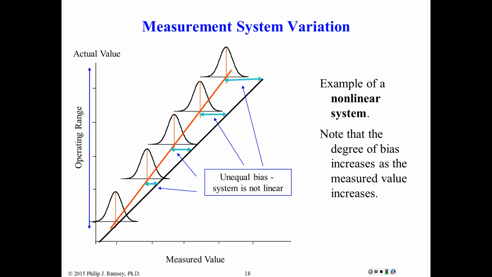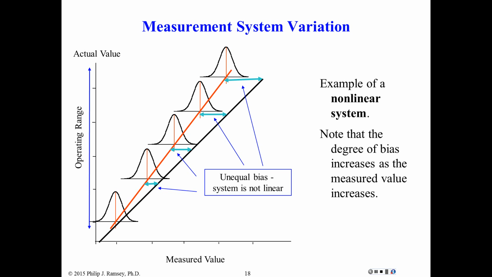An example: the measured concentration of some samples, say serum glucose, with an instrument not properly calibrated. As the level of serum glucose grows, the bias or inaccuracy in the measurements grows with it. We call this a nonlinear system.